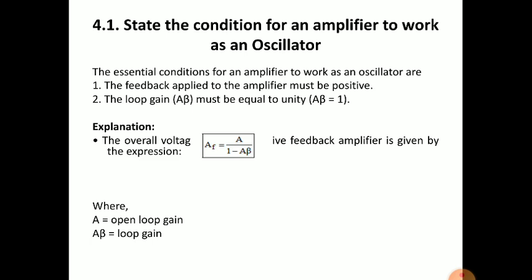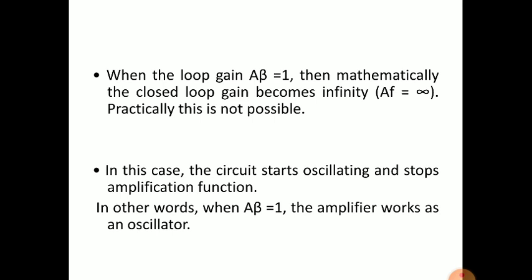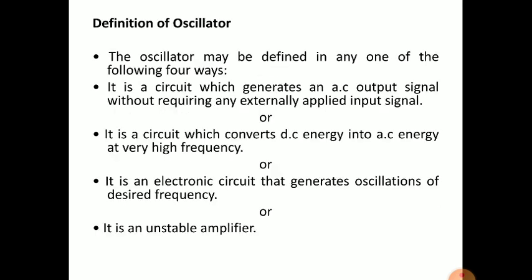This conversion is possible in the power amplifier also, but there we use an external input source VS. Because of that source, this conversion happens. But in oscillators we are not giving an external source. So the condition is A beta should be equal to 1, the overall loop gain should be equal to 1, so the gain will become infinity.